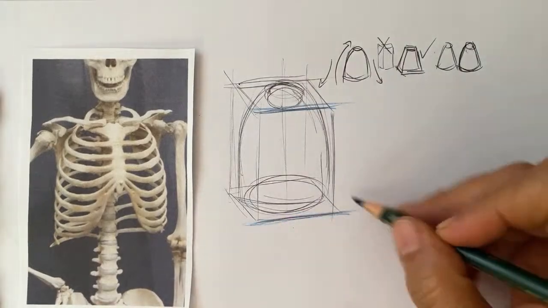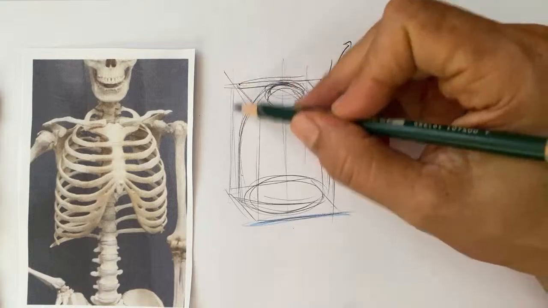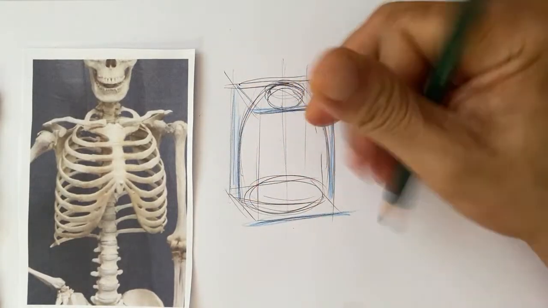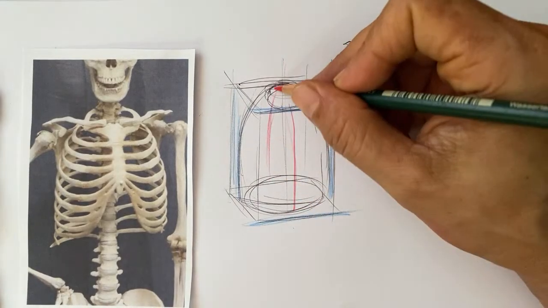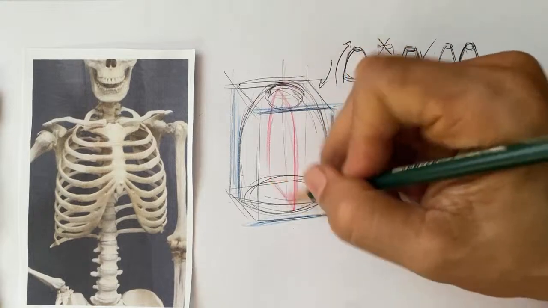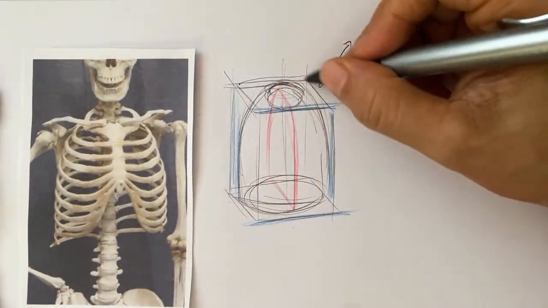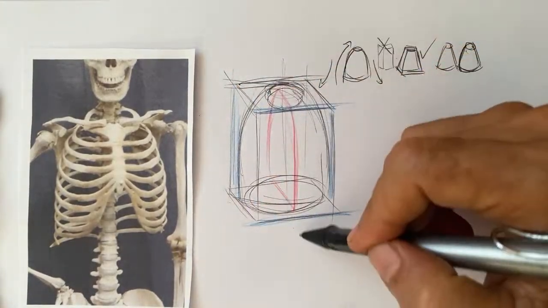We need the bottom. We need the two sides. And then we need the middle. So we already understand basic three-dimensional drawing: top, side, and middle.